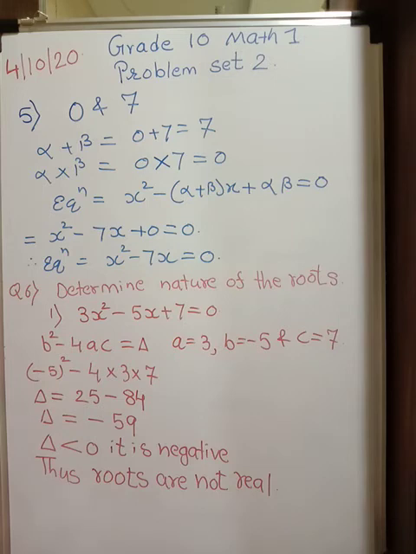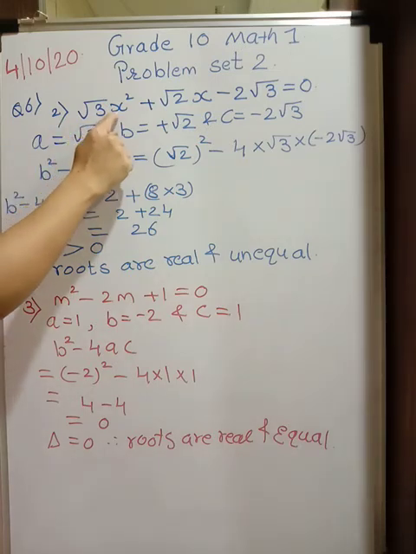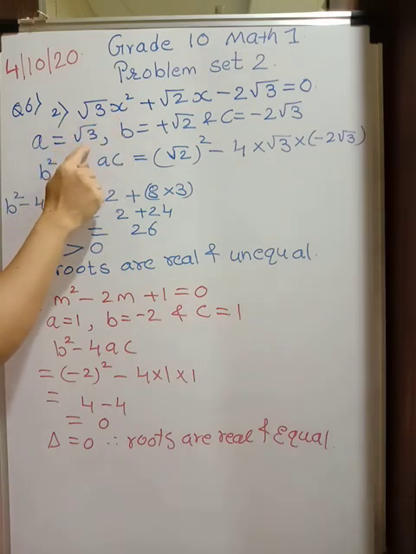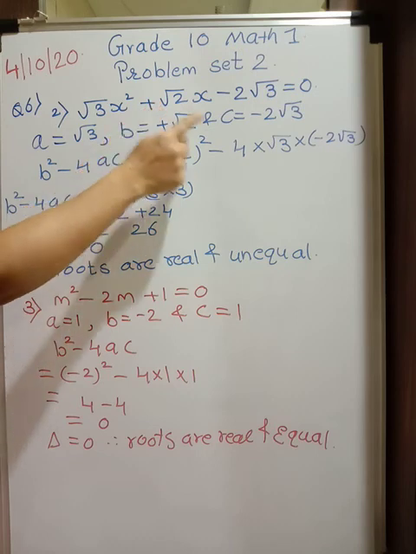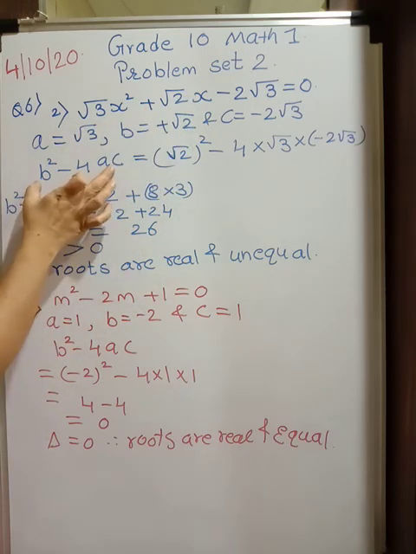Alright, let's go for the remaining two questions from question number 6. Now look at the second question from 6th. This is the equation given. A is root 3, B is root 2 and C is minus 2 root 3. Substitute in b square minus 4ac.